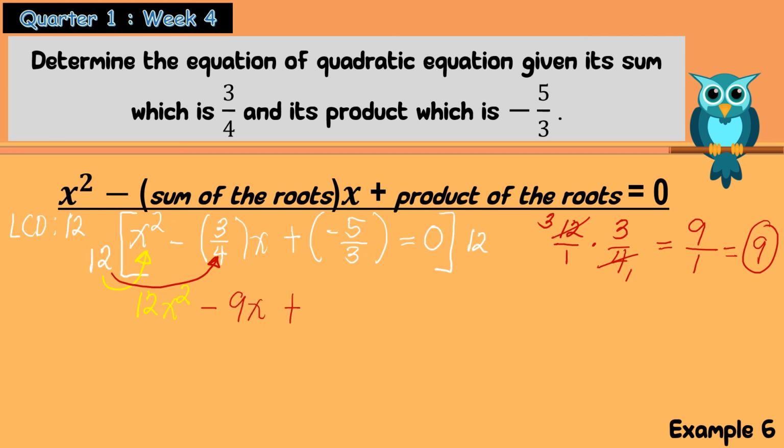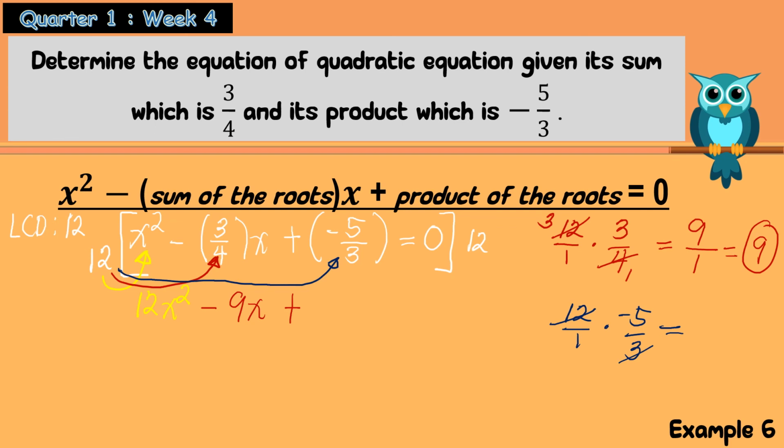9x. Plus, for the last term, we're going to multiply 12 by negative 5 over 3. So when we multiply, this will become 12 over 1 multiplied by negative 5 over 3. Same thing, we can simplify or make 12 and 3 smaller. 12 and 3, their GCF is 3.